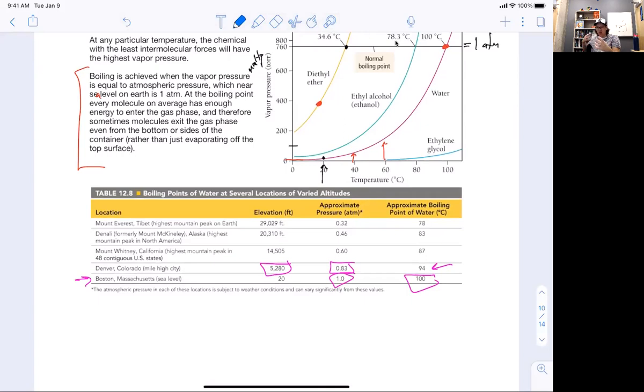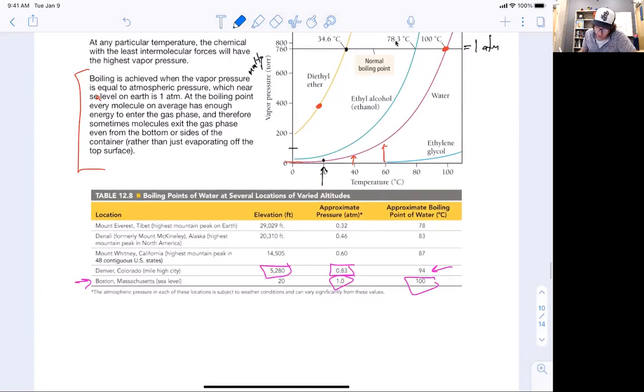You're not rehydrating the pasta as fast. So you pull it out at 11 minutes, it'll be crunchy. So you've got to let it go for a lot longer. And the higher up you go, the longer you've got to let it cook, because the boiling point is lower and lower at higher and higher elevations.